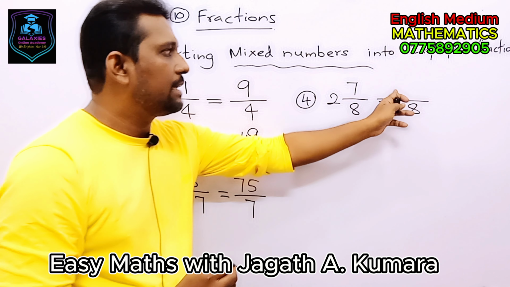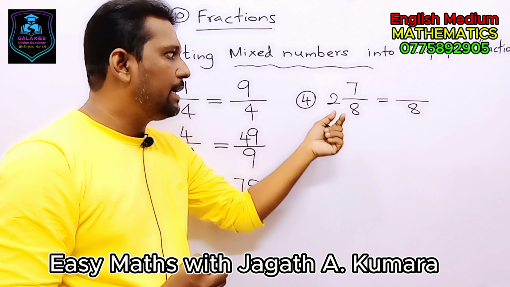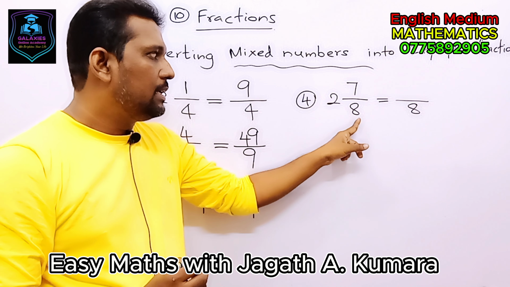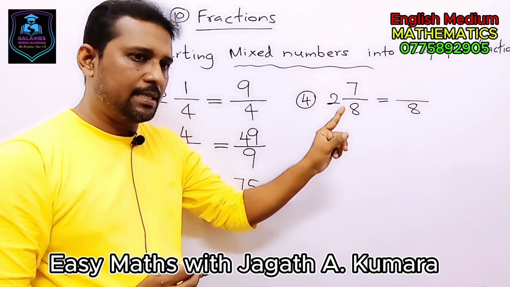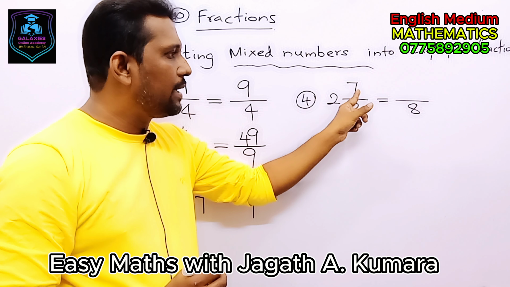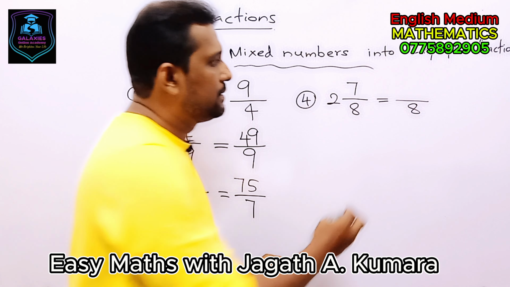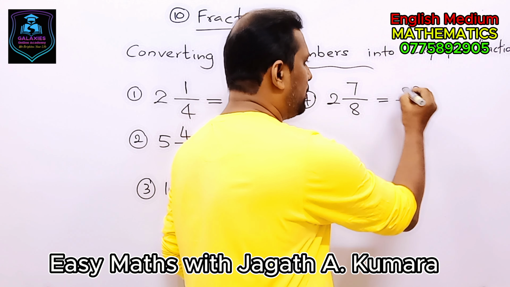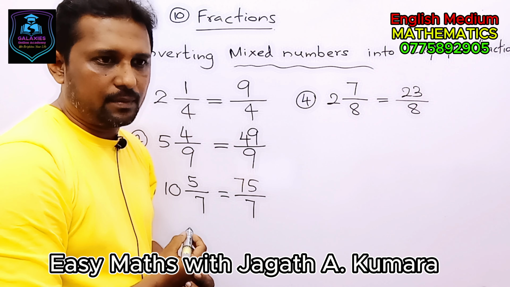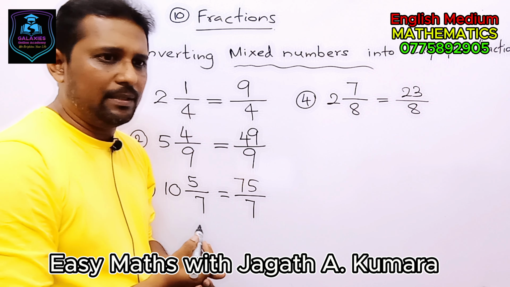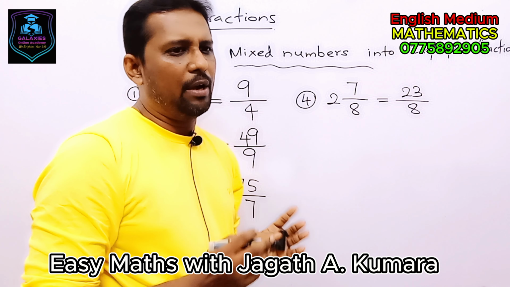Then we have to check the numerator. To get the numerator, first you have to multiply denominator and whole number. 8 multiply 2, 16. 16 plus numerator, 16 plus 7, 23. 23 over 8. Right? Very easy, no? This is a method, right? You have to remember.